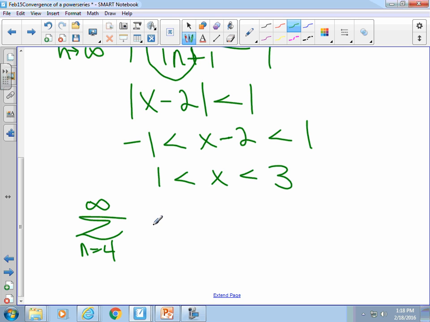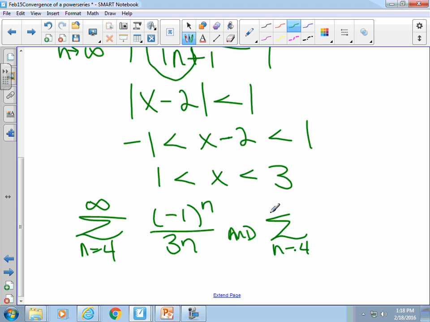The first one would be negative 1 to the n over 3n, the second one would be 1 to the n over 3n. Does it matter what this sequence starts at when I'm doing any of these tests? No, because you're going to infinity. Yeah, it would change the sum, but it wouldn't change whether it converges or diverges.